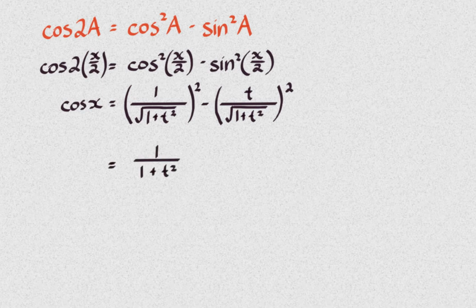Focusing on the first one, when we square 1, we get 1, and the square root of 1 plus t squared, when we square that, we just get 1 plus t squared. And in the same way, when we look at our second fraction, we get t squared on the top and 1 plus t squared on the bottom.